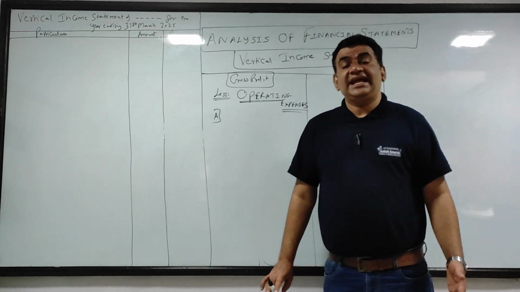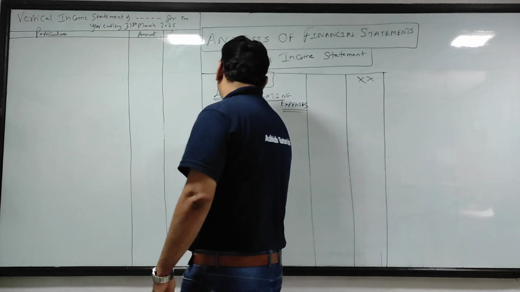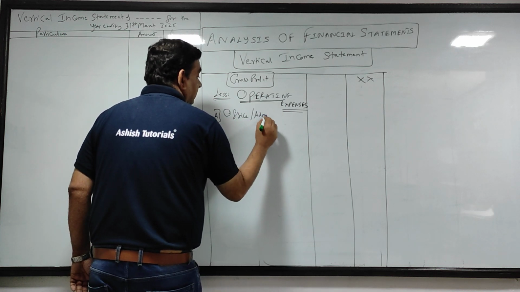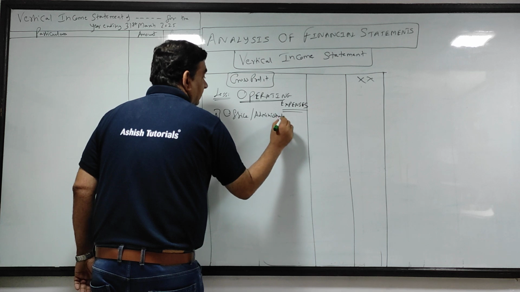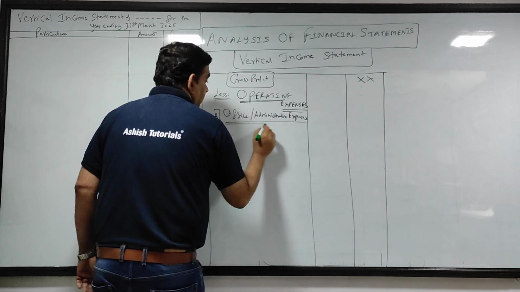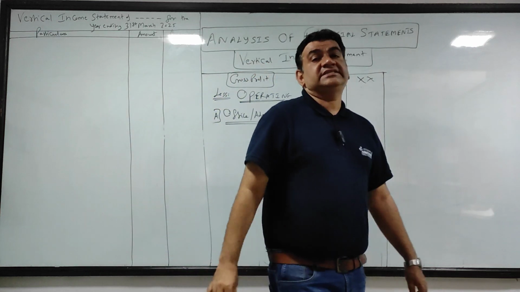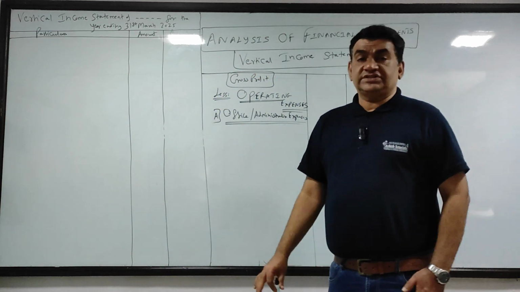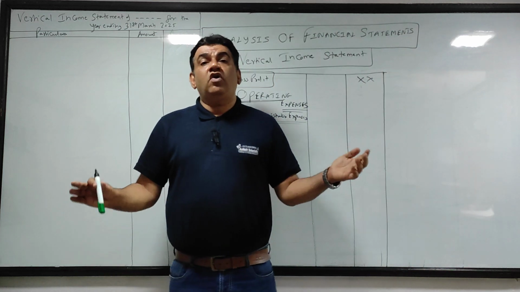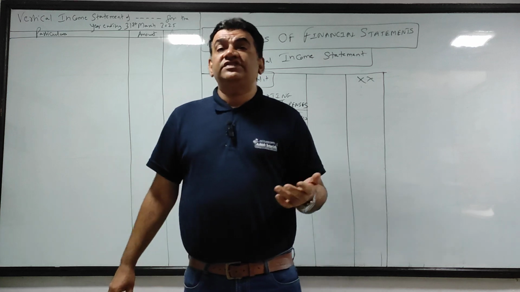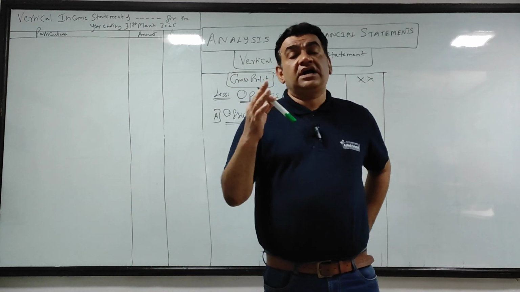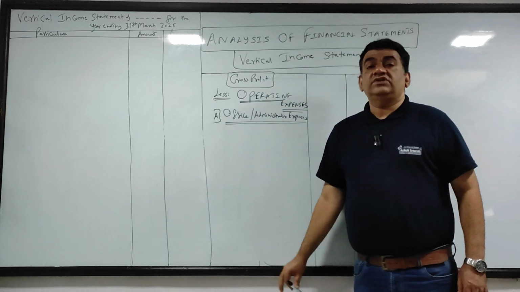We also call it administrative expenses. All expenses which are incurred in office come here. जैसे कि salary paid to office staff, ऑफिस का electricity bill, ऑफिस का rent, printing and stationery, audit fees, accounting fees, all that comes in office and admin.